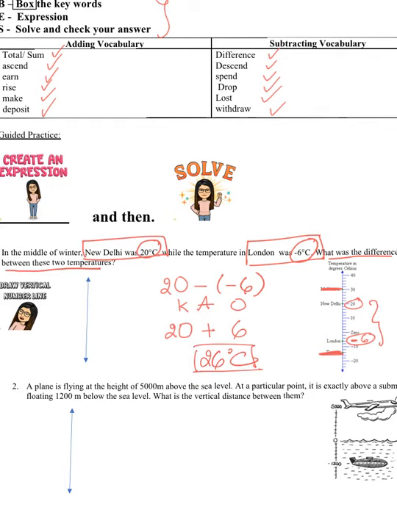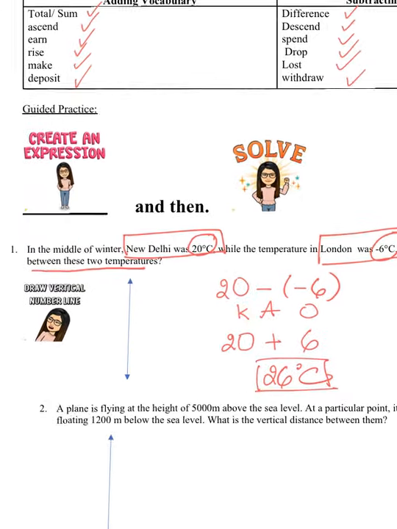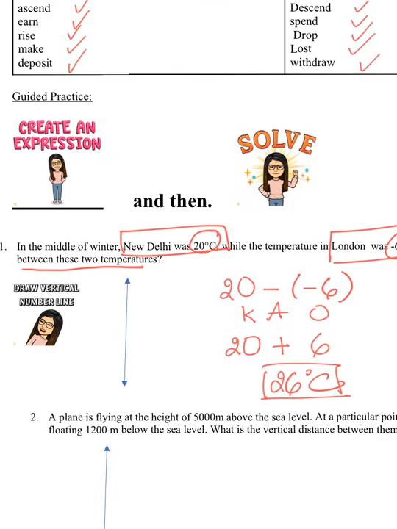Just in case they don't give you a vertical number line and we have to create our own, this is what we're going to do. This is your 0. New Delhi was 20 degrees Celsius, so we label 20 on the number line. 20 is above 0, so we put that 20 on the number line.